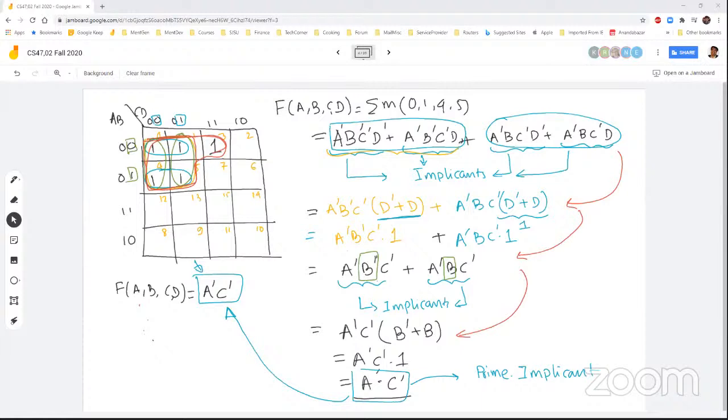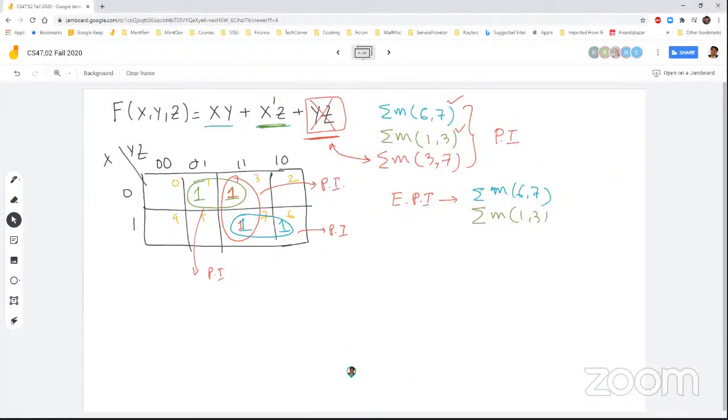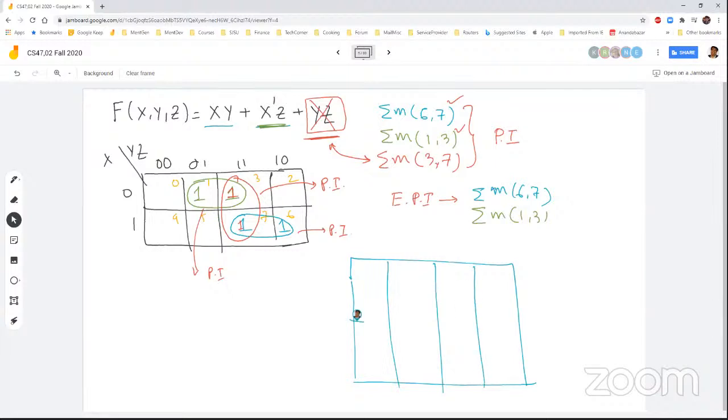Let's take a 4x4 K-map table. Grouping is all about neighborhood, right? So this is a neighborhood group. But in this process, these corners are neighbors too. So this corner and this corner are neighbors.